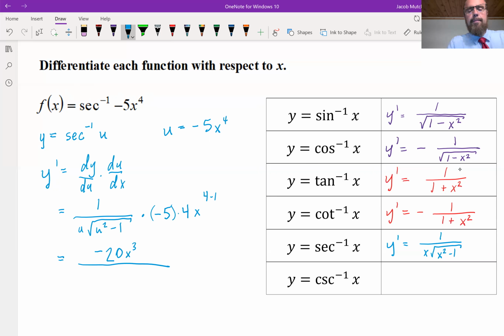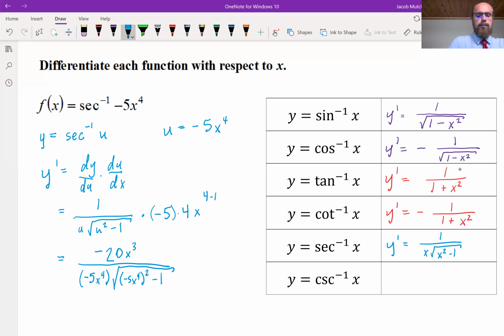And then for this denominator, I've got two places where I've got to put the definition of u, negative 5x to the power of 4. So it does feature as a factor outside of the radical, substituting in there for u, and then the square root of negative 5x to the power of 4 squared minus 1.